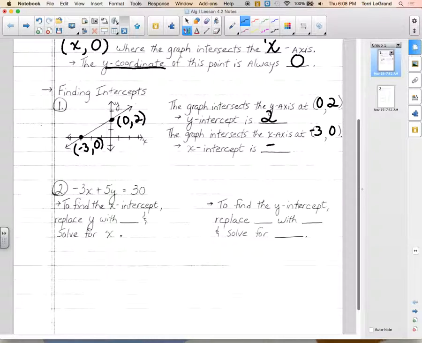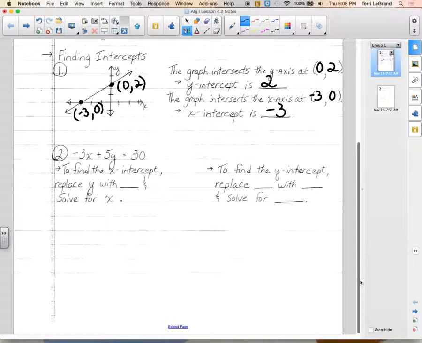The x-intercept itself, the x value where the line crosses the x-axis, is -3. So when we're identifying it from a graph, basically it's just being able to make sure that we can name those ordered pairs correctly so we get the correct y value for the y-intercept, the correct x value for the x-intercept.